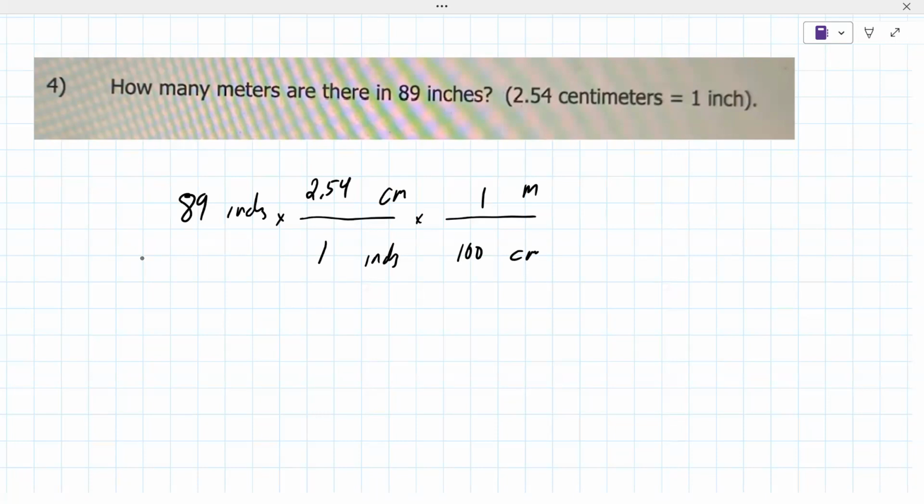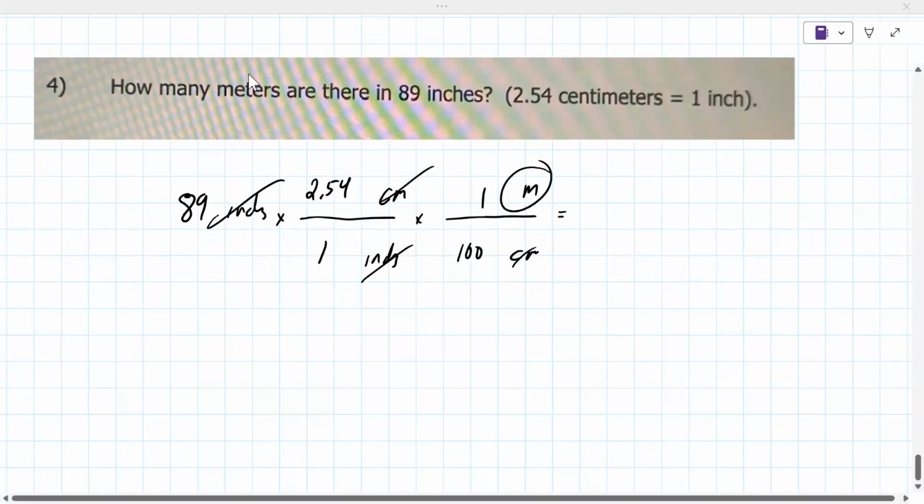Right, and then just like before, either multiply the top, multiply the bottom, but make sure you get to your final answer there. 2.26 meters. That sounds right. Yeah, 2.26. Make sure you have the units in your final answer.